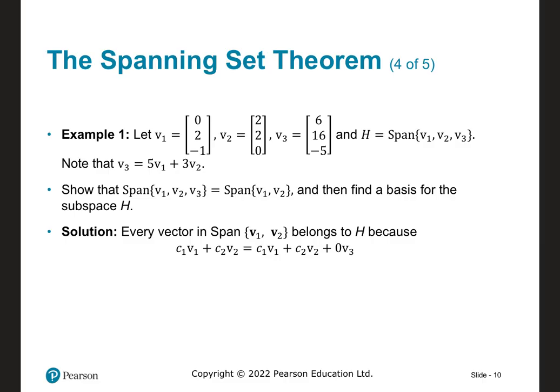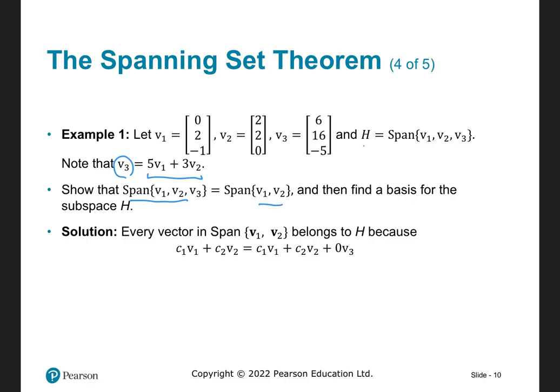Before, let us consider the example, which is trivial. Suppose that I have these three vectors in R3 space, and H is the span of those three vectors, then H is a subspace of R3 space, definitely. And in this example, V3 is a linear combination of V1 and V2. So based on the statement of the previous theorem, the span of these three vectors, which is H, will be the same as the span of just two vectors, V1 and V2.